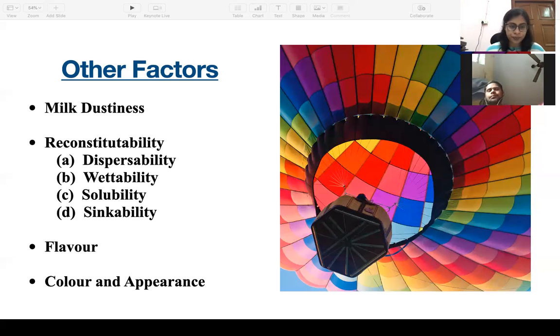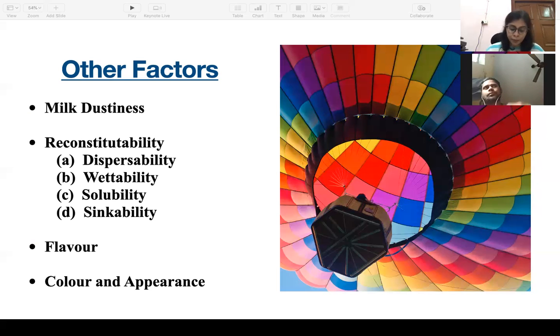And wettability. Wettability is how the water is soaked inside the milk powder so that it gets dissolved or reconstituted easily. So wettability is played by which particle? Tell me. Lactose.